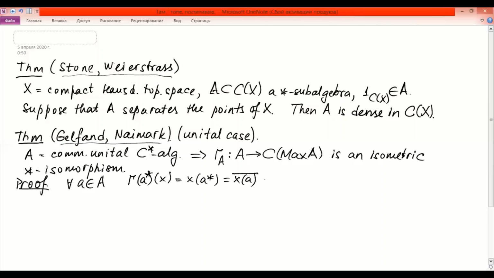And this is nothing but gamma of A star evaluated at X. Here A is an element in our algebra and X is a character. So this implies that gamma is a star homomorphism.